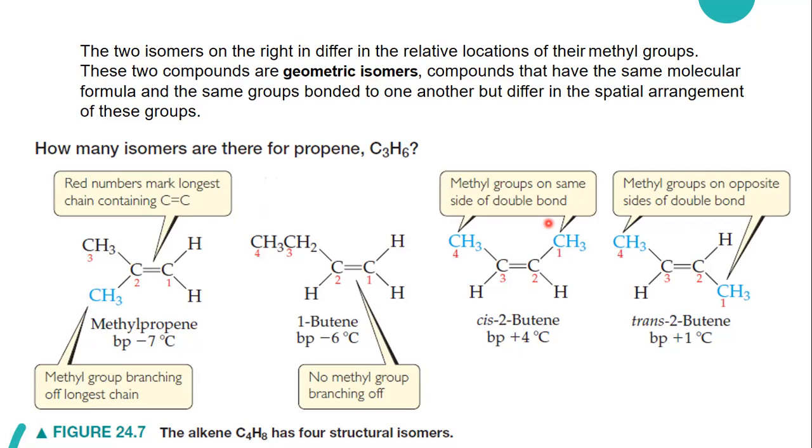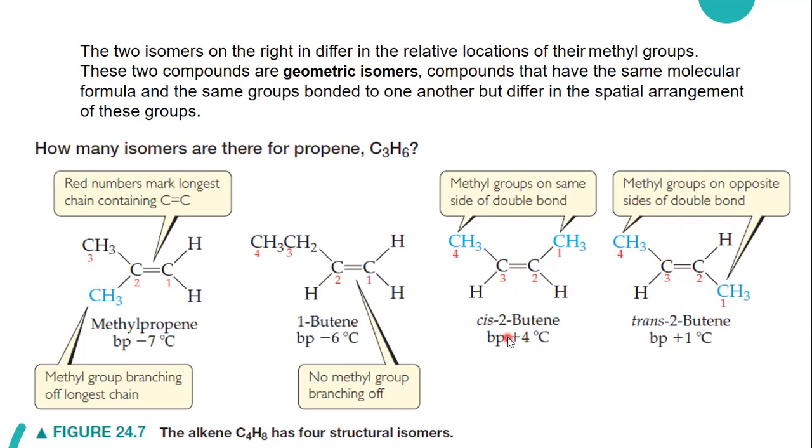When we say cis configuration, it means that the two similar substituent groups are on the same side of the double bond. When we say trans, it means that the substituent group is on the opposite side of your double bond.